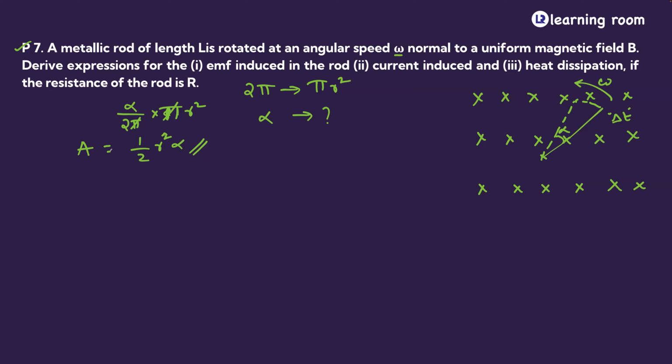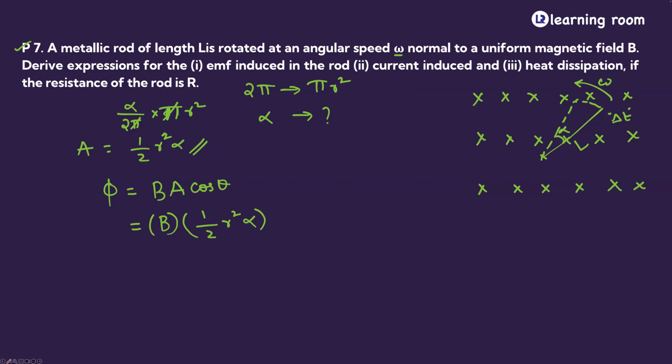So if I am trying to define the flux here, what is going to be the flux in this scenario? Flux is going to be BA cos theta. Here the magnetic field is uniform. Let me call it as B itself. What is the amount of area swept by it? It is half r square alpha. But tell me, what is the value of r here? The radius of the circular loop is nothing but the length of the rod itself.